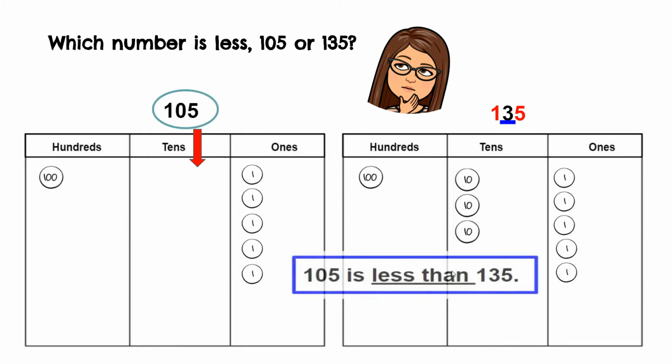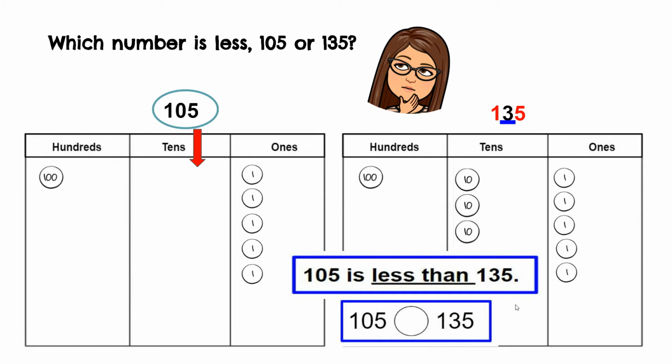Now, we could say that 105 is less than 135. They both have 100. 105 doesn't have any tens, but 135 has 3 tens. So 105 is less than 135. Now let's find out what symbol we're going to use to compare these numbers.